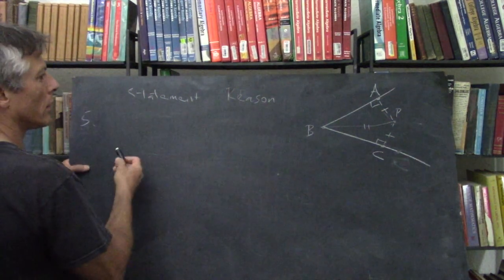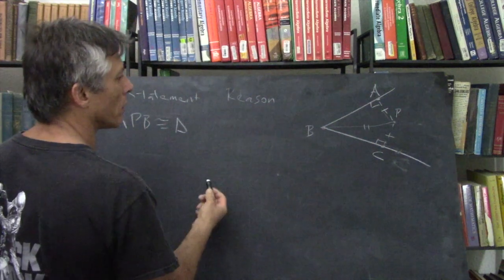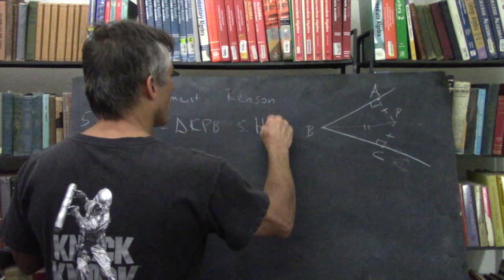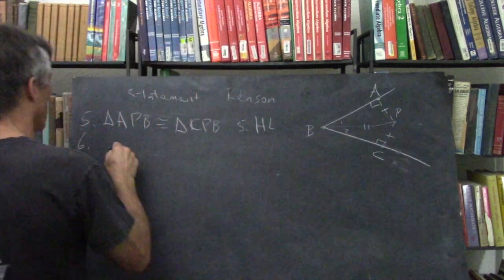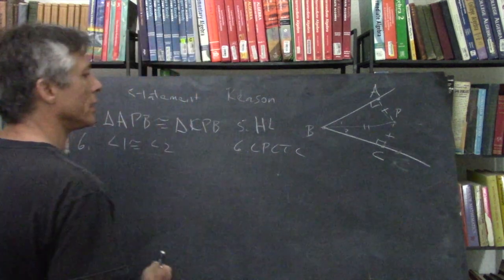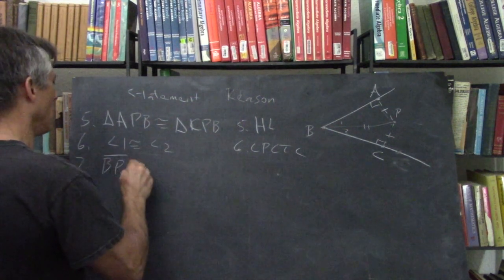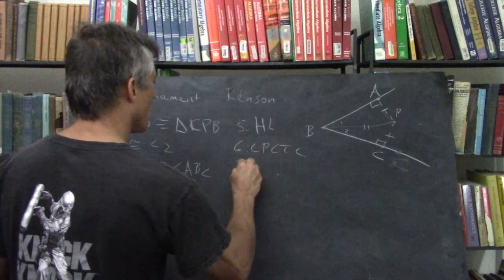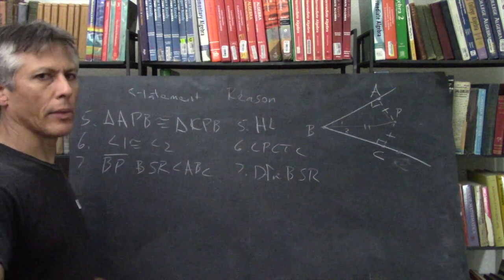So 5, we know triangle APB is congruent to triangle CPB by the HL theorem, and therefore angle 1 is congruent to angle 2 by CPCTC, and therefore BP is a bisector of angle ABC by definition of bisector. Alright, cool.